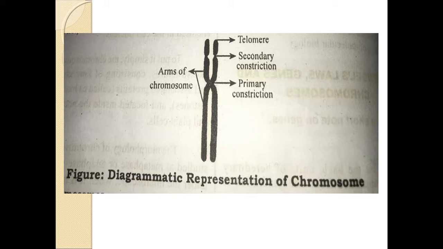So chromosomes are termed as the hereditary material or hereditary vehicles which is getting passed from one generation to the other generation.